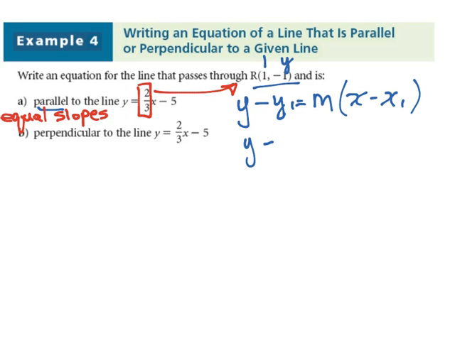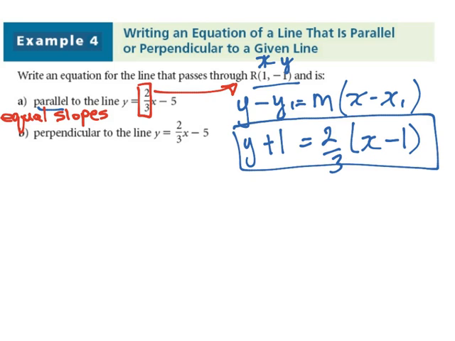The slope is 2/3 because it's parallel to the first line. And x is, because it's 1, the coordinate right here is 1. It has to be the opposite of 1, which is -1. And this is the line in point-slope form for a parallel line to 2/3 x minus 5 with a point of 1 and -1.